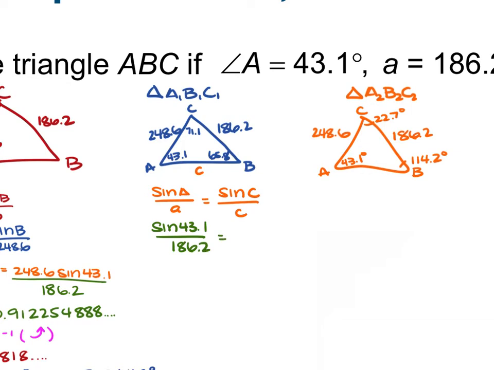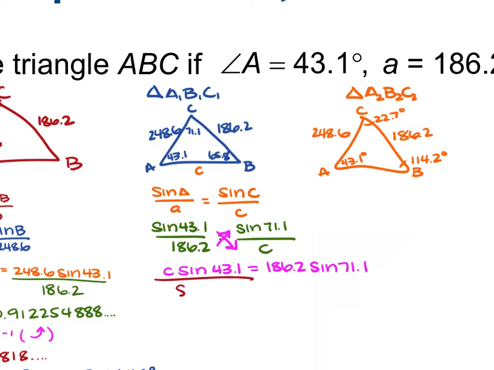For this angle C in triangle A1, B1, C1, we're going to have sine 71.1 over C. Cross multiply like you usually would. So we're going to have C sine 43.1 is equal to 186.2 sine 71.1. Divide each side by the sine of 43.1.